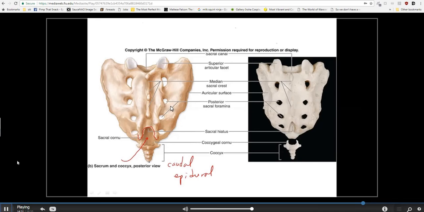The lumbar puncture is obviously much higher in the vertebral column, between L3 and L4, and its intention is to collect CSF. In the caudal epidural, the idea is to administer the drug to facilitate parturition for an expectant mother that wants to embark on a C-section. So the sacral hiatus is the target site for a caudal epidural.